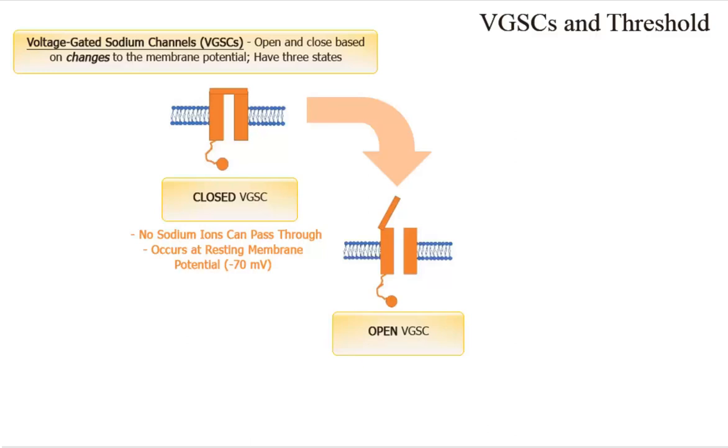They open at what we call the threshold voltage, which is typically slightly more depolarized than resting. So the typical threshold voltage is around minus 60 millivolts or minus 55 millivolts. It can depend on the neuron, and we'll talk more about threshold voltage when we actually get to this activity's experiment.